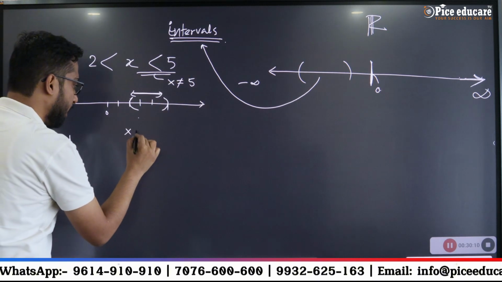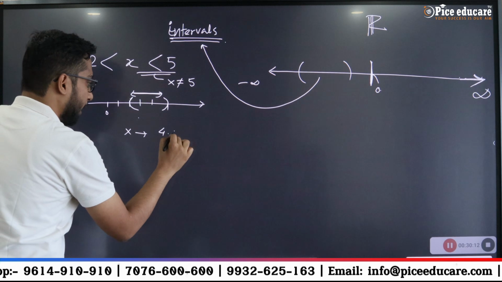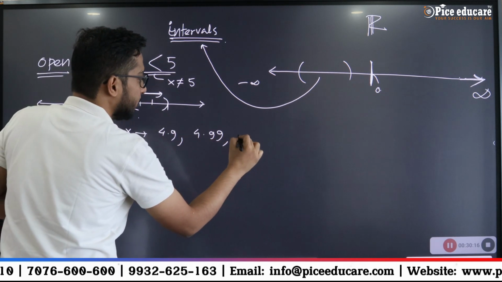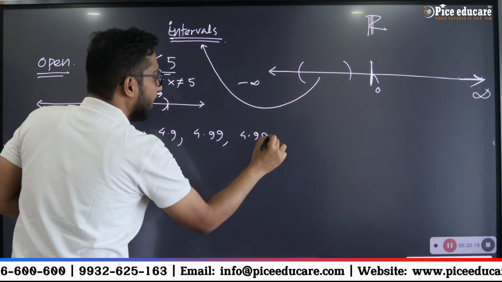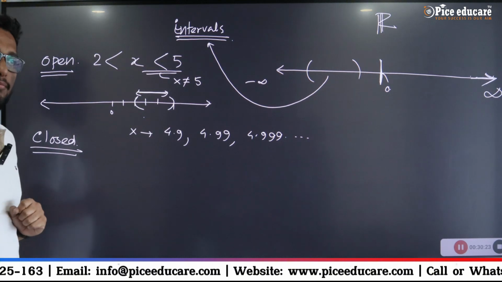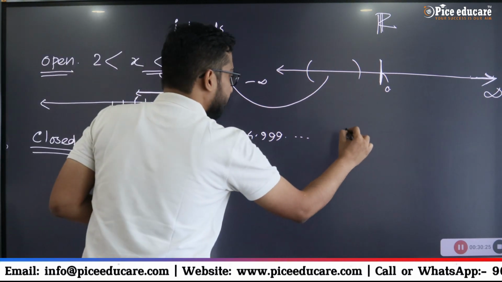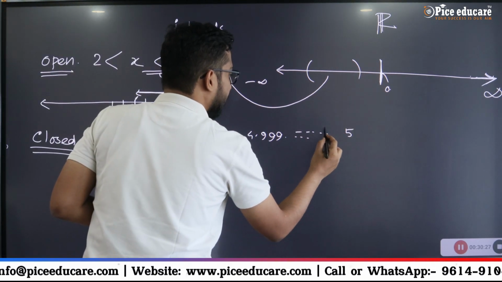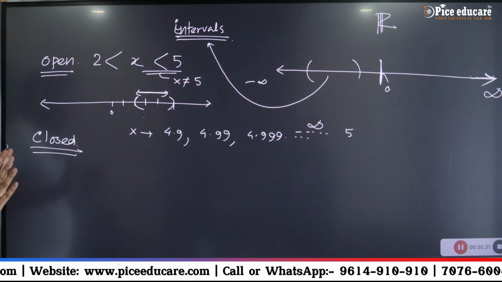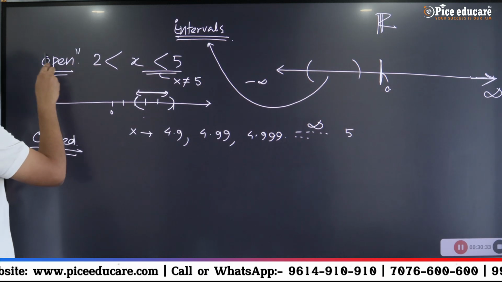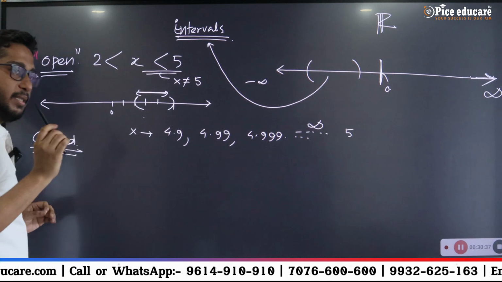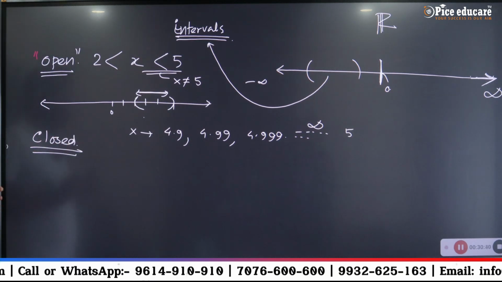So x can be 4.9, then 4.99, then 4.999, and so on, but it will never become 5. So before 5, how many numbers are there? Infinite. So this is the meaning behind open. You can go forever, but you will still not be able to reach 5.